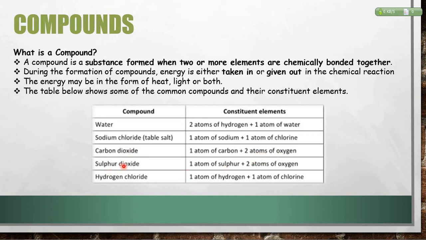Sulfur dioxide, you have 1 atom of sulfur, and again dioxide, which means 2 atoms of oxygen. Hydrogen chloride, you have 1 atom of hydrogen plus 1 atom of chlorine. These are the constituent elements of each compound here. Let's move on to the next slide.